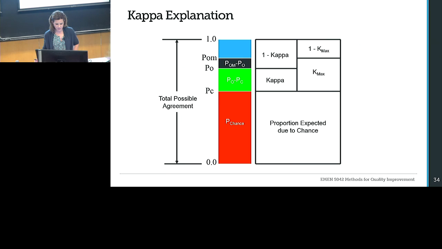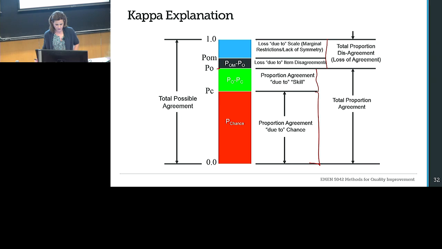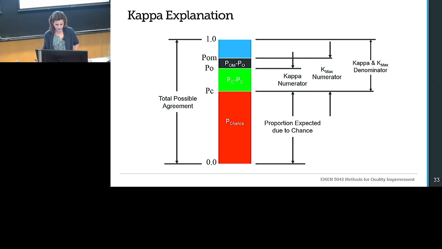Okay, so let me go back here. So there's our Kappa numerator. If we figure out what the proportion observed minus the proportion due to chance, that gives us the proportion above chance that was due to actual skill between the two assessors, skill that led to agreement. And then this is what it could have been. This is related to items, and this part is related to scale usage.